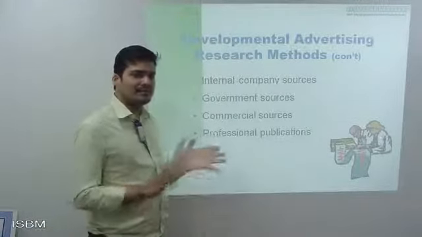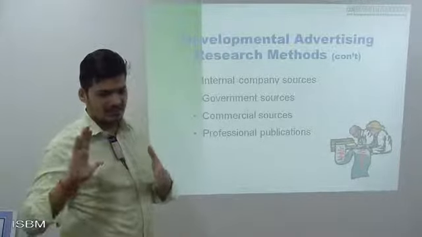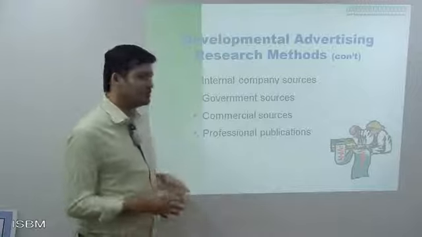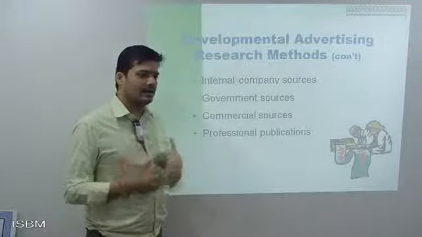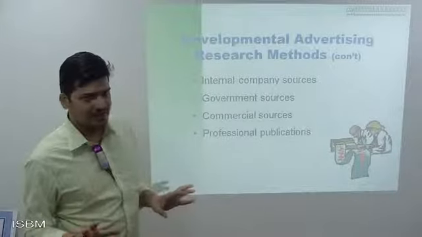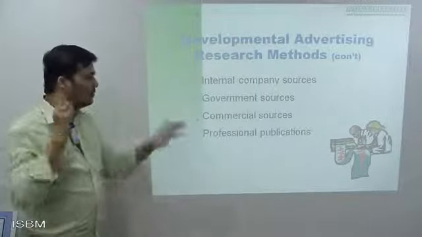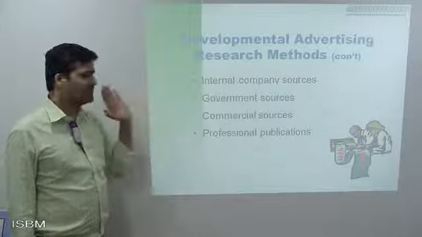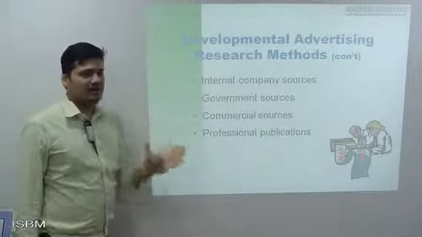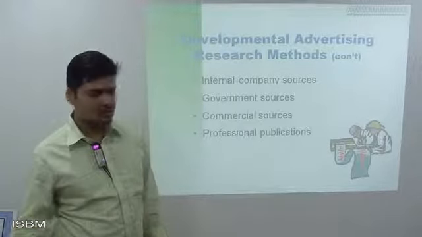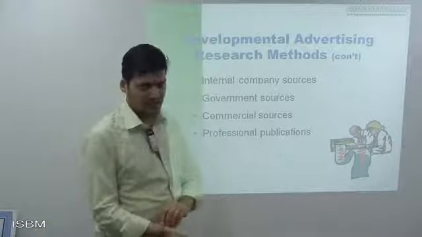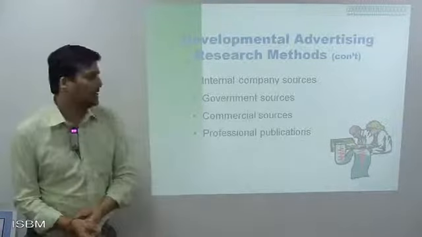So primary data is fresh data, and secondary data is data which has already been used. Both data we require for our research, but most of the time we use fresh data, which is primary data.